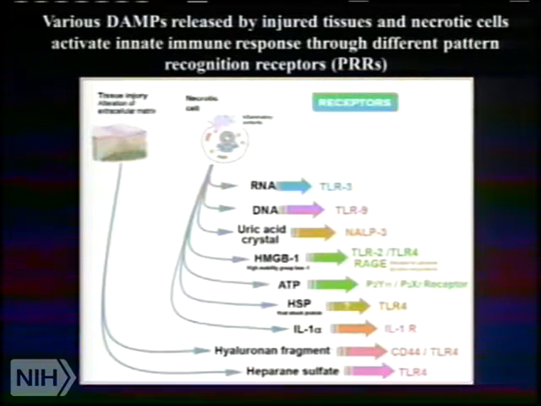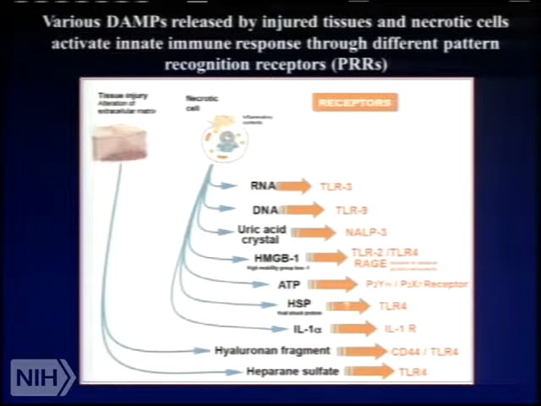So as you see from this scheme, from necrotic cells, various materials like RNA, DNA fragments, HMG box proteins or ATP, various inflammatory cytokines can signal to inflammatory cells through various receptors and induce a pro-inflammatory response.